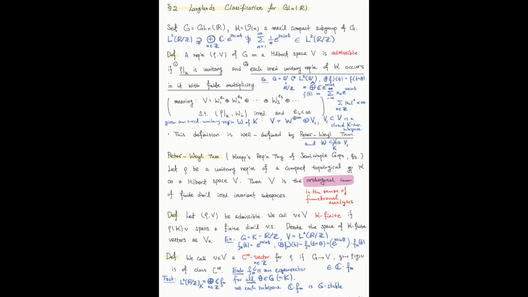Okay. So I think the definition of admissible is redefined by the Peter-Weyl theorem. This theorem is from Knapp's book. The point is what is meant by orthogonal sum.